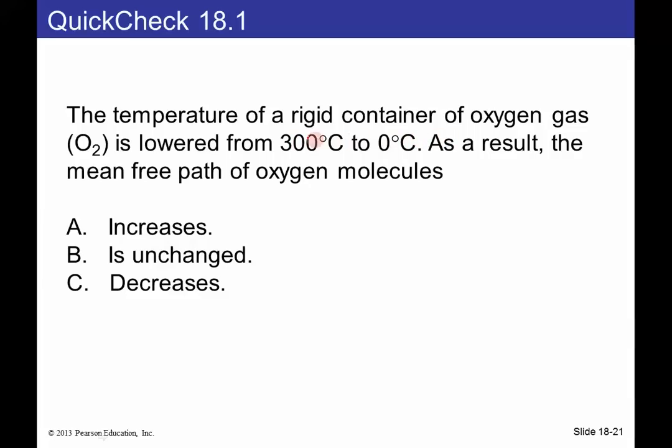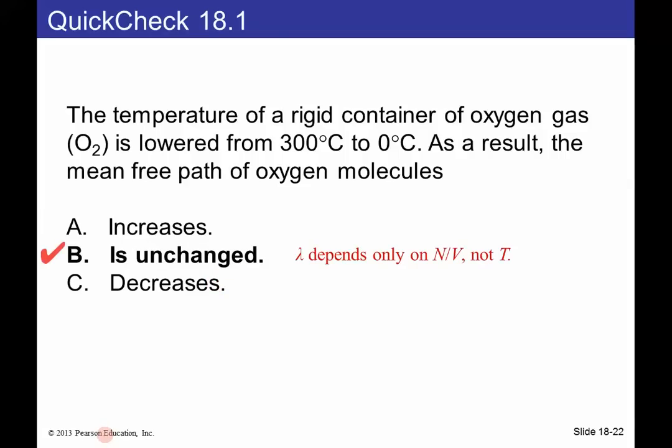So now you can think that this means the particles are moving slower. The kinetic energy of the particles is decreasing, right? That's what this means in this context. As a result, the mean free path of the oxygen molecules is going to increase, remain unchanged, or decrease. Take a minute to answer this question.